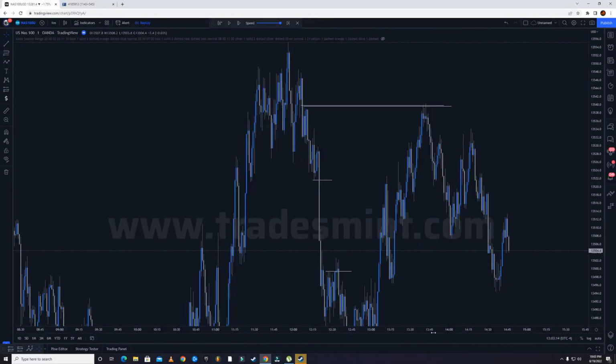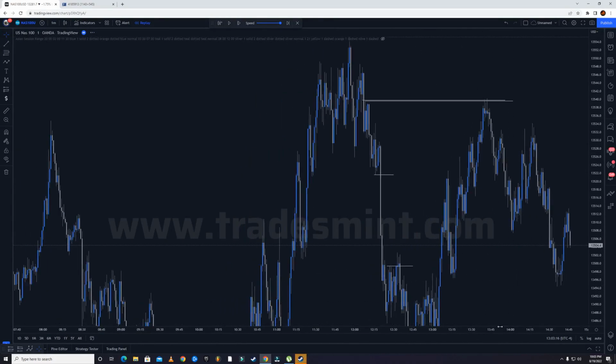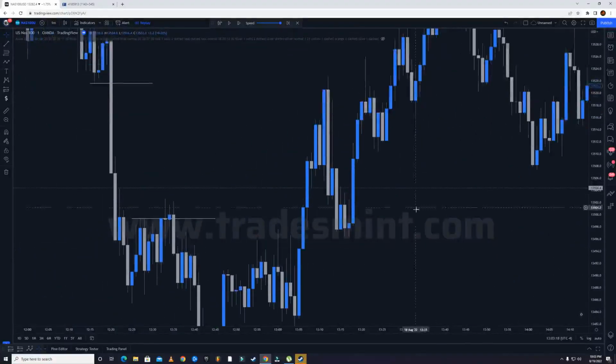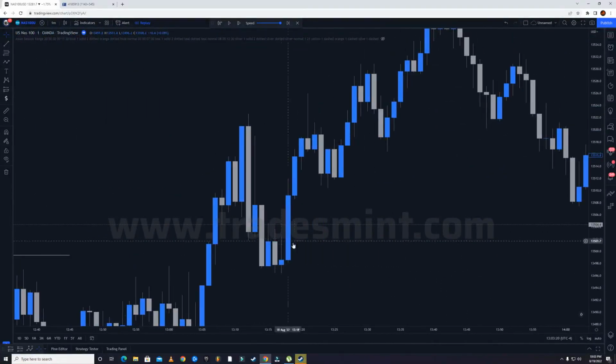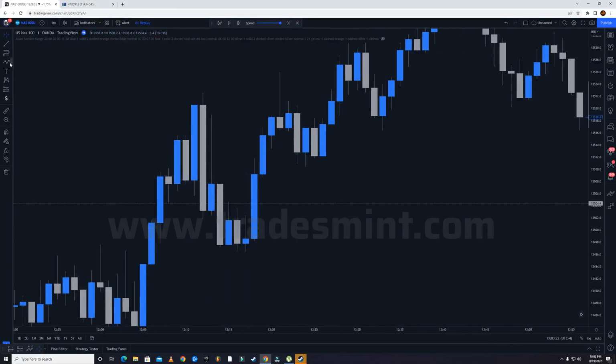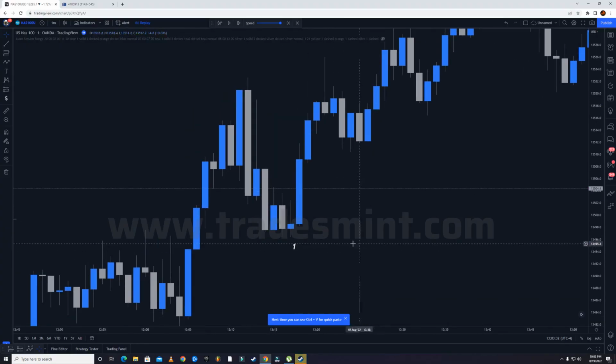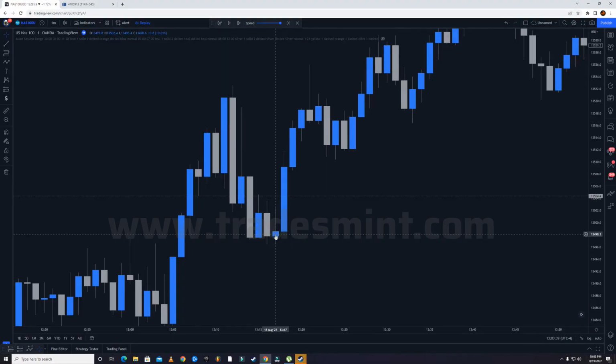Let me give you an example for a buy position. All right, so we are looking at this. Let me label it so it's easier for you. Okay, so we got the first candle around here. This is our first candle, right? This is second, and this is third.